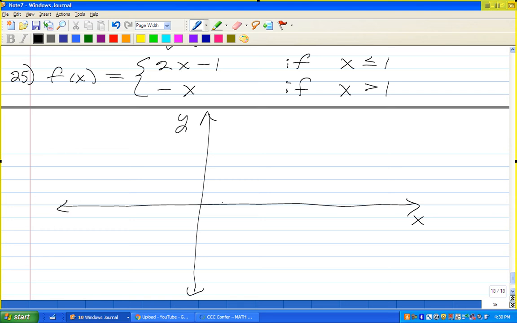So when x is 1, if I plug 1 in here, 2 minus 1 is 1. And this has a slope of 2, so you go over 1, up 2. So it should look like this.